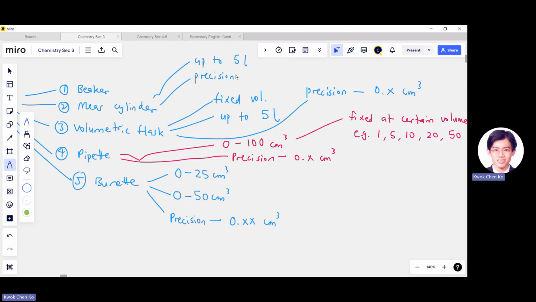It depends. In general, not always. It depends on the size. But in general, you can take it as 1 cm cube, a few cm cube. But like Xing said, it depends.